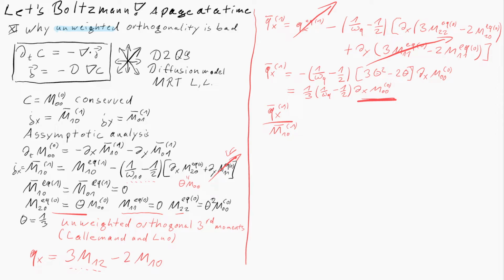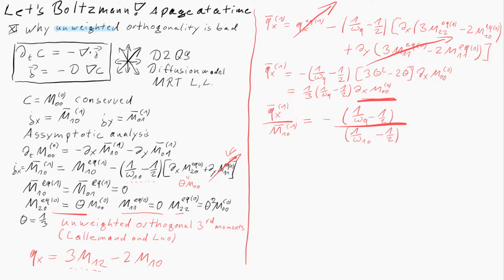If we take the ratio, the derivative will disappear, and what is left is minus 1 over omega q minus 1/2 divided by 1 over omega 10 minus 1/2.